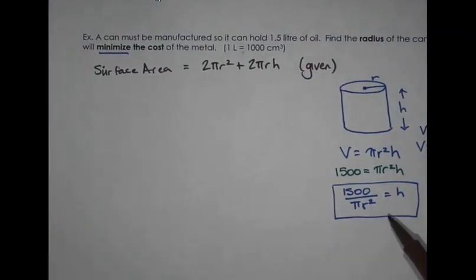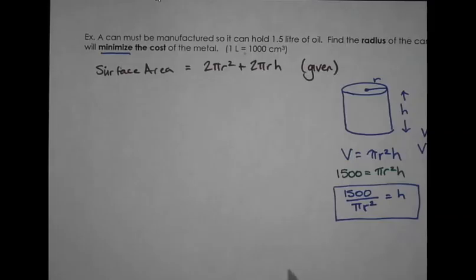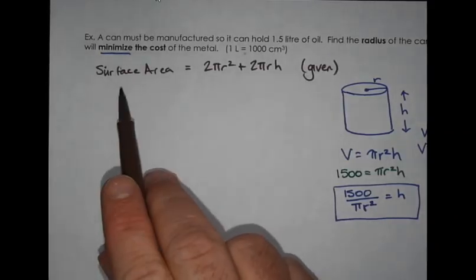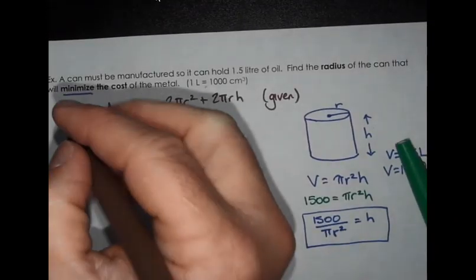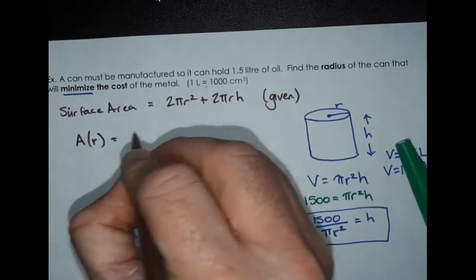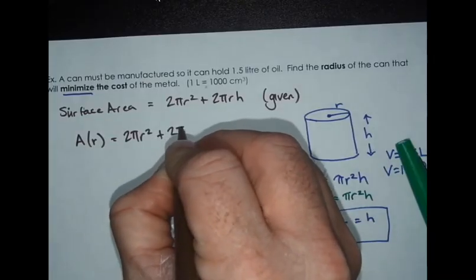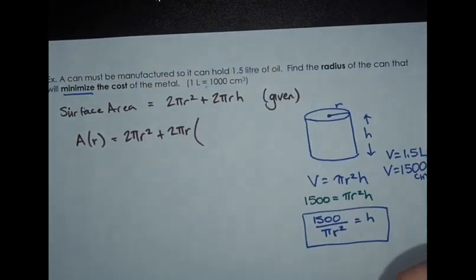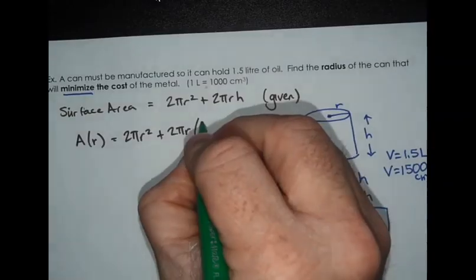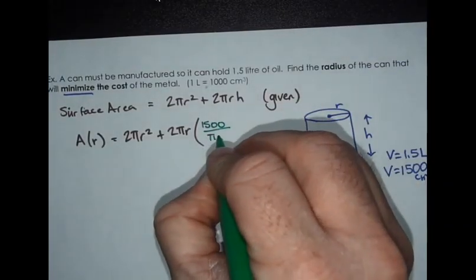Just like we did with the previous question, we're going to sub this h into the equation to get one variable representing the surface area. So I've got my area of r, so 2 pi r squared plus 2 pi r, and I'm going to put in that 1,500 over pi r squared.